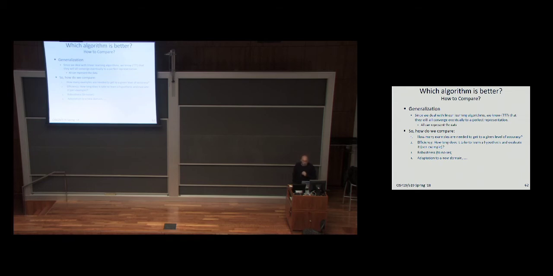And I'm going to focus a little bit here on the generalization dimension and try to explain, compare as a function of what, right? So what does it mean I'm going to compare generalization? One interesting way to compare is to think about properties of the data that you're going to see.